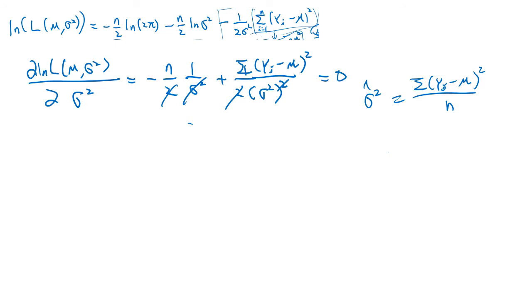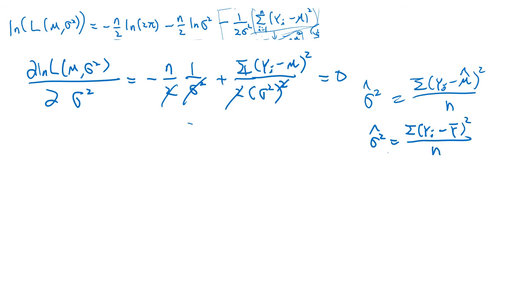And so let's put mu hat here. Then our sigma square hat MLE estimate becomes the sum of yi minus y bar squared over n.